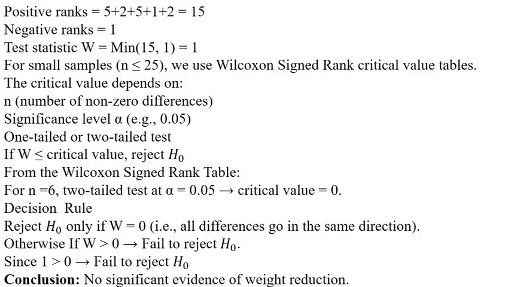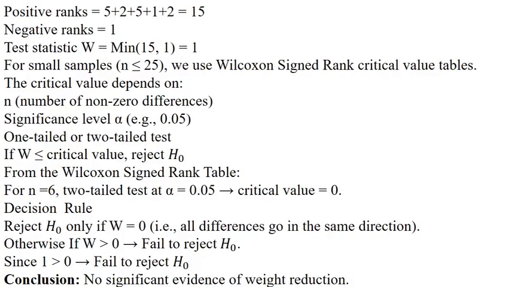Then we do our sum of positive ranks: 5 plus 2 plus 5 plus 1 plus 2, that will give us 15. The negative rank is just 1. Then our test statistic is the minimum of 15 and 1. Which one is the smallest out of 15 and 1? It is 1.